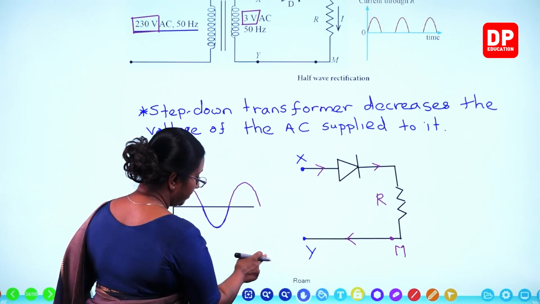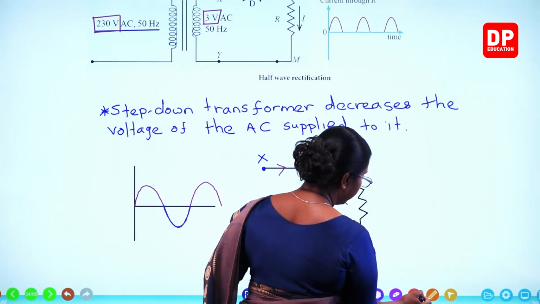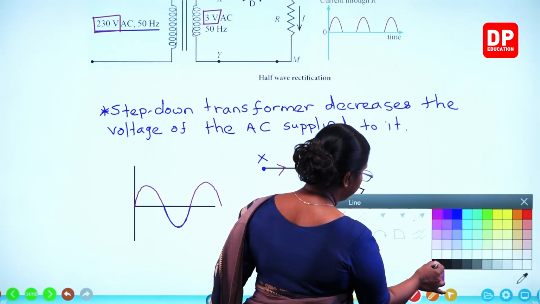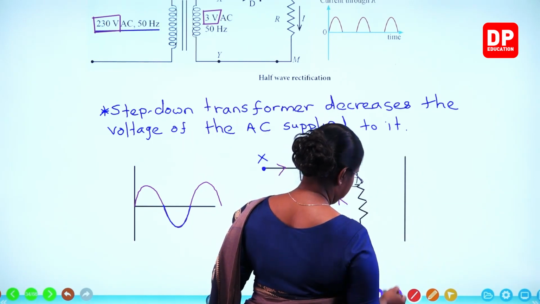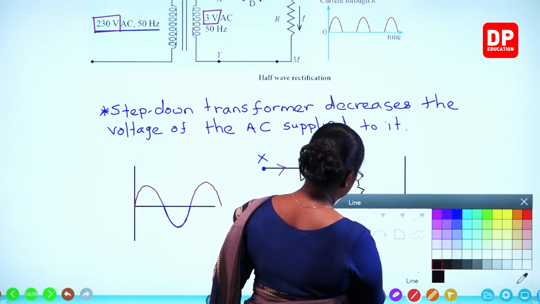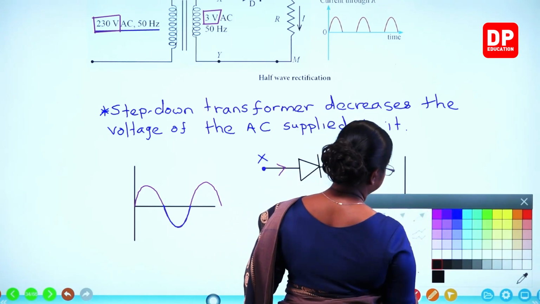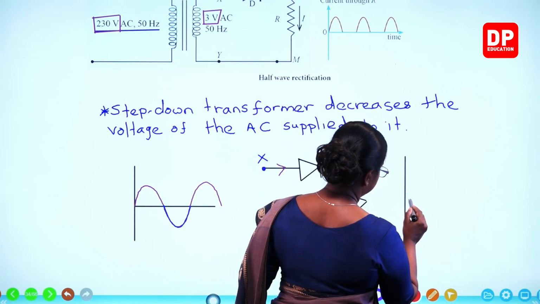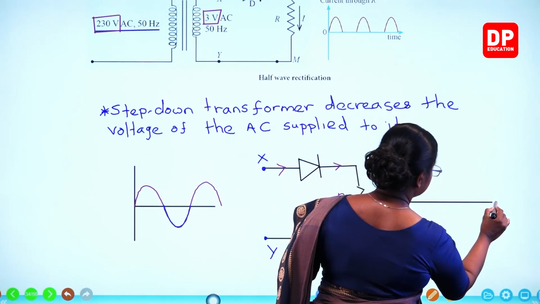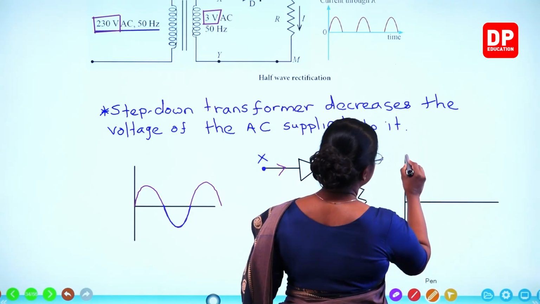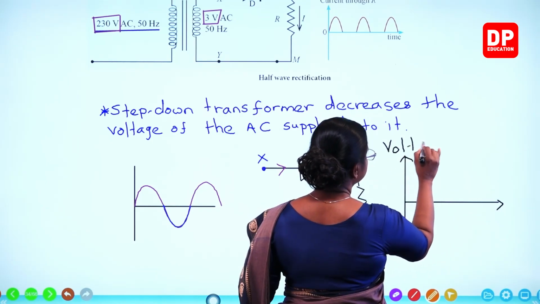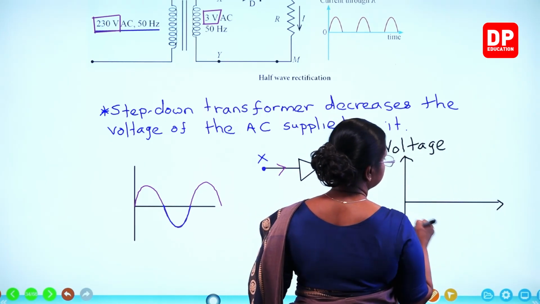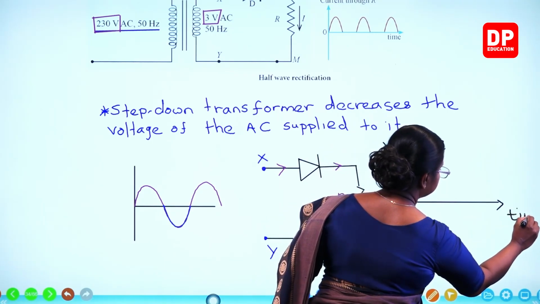So, then if we draw the graph for the rectified current, again you will have the y-axis, then we have the axis here. So, this is voltage, time.